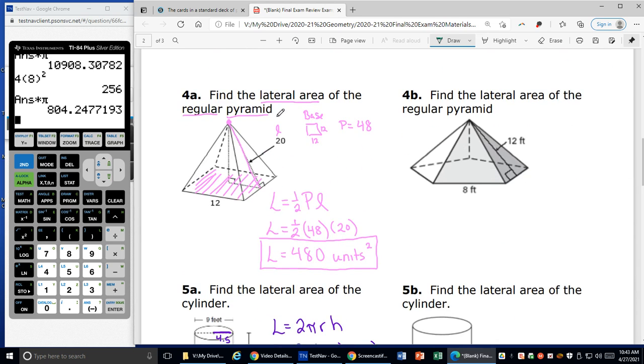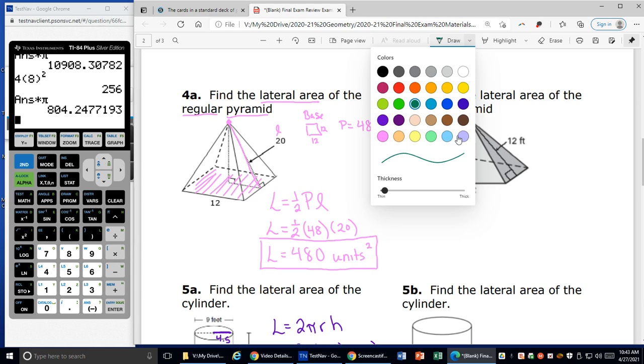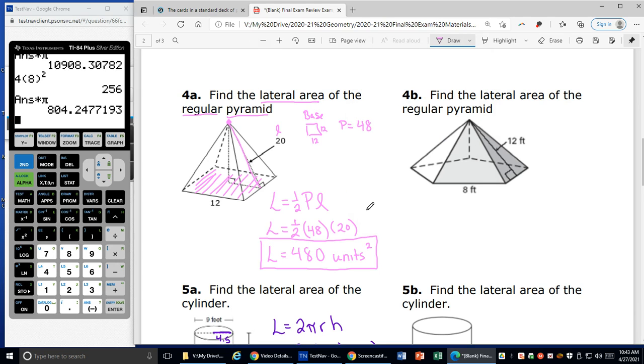Find the lateral area of the regular pyramid, which is exactly what I was doing over here. So my lateral area, L equals 1/2 PL, capital L equals 1/2 capital P, little l. So my lateral area equals 1/2 capital P, that's the perimeter of the base.